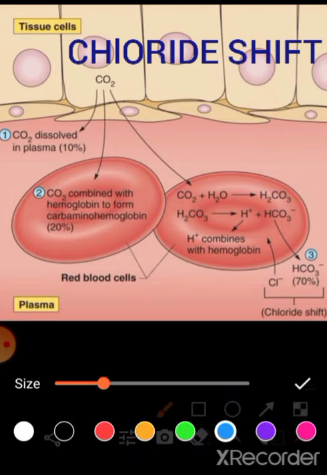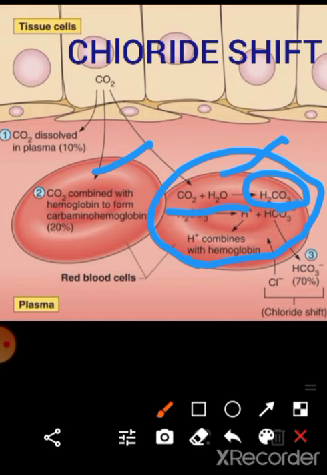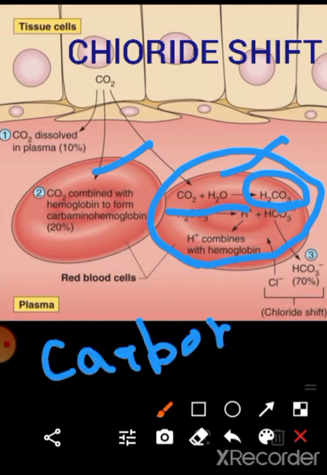Next, in the bicarbonate state, the dissolved carbon dioxide in the blood, these are the RBCs. So this dissolved carbon dioxide reacts with water to form the carbonic acid, H2CO3, and it occurs very rapidly inside the RBCs because of an enzyme called carbonic anhydrase.